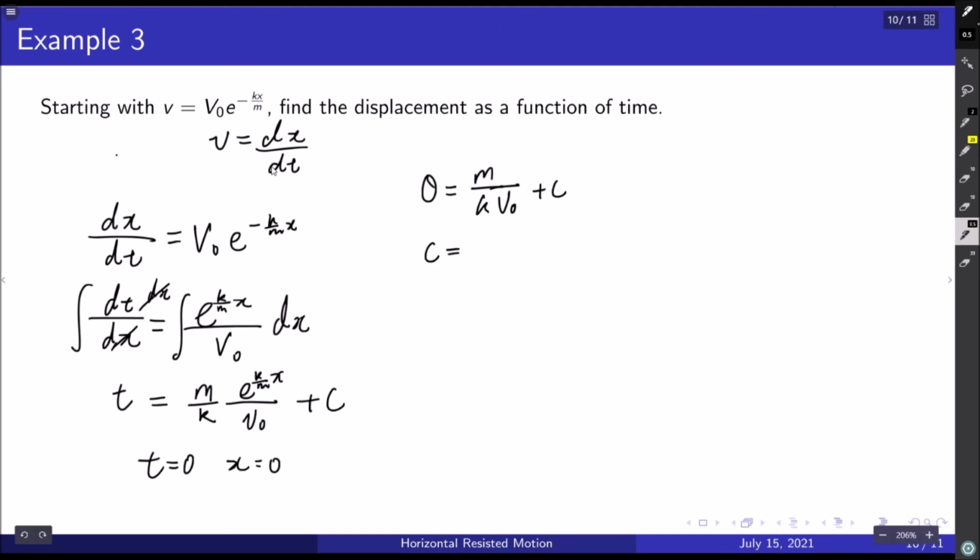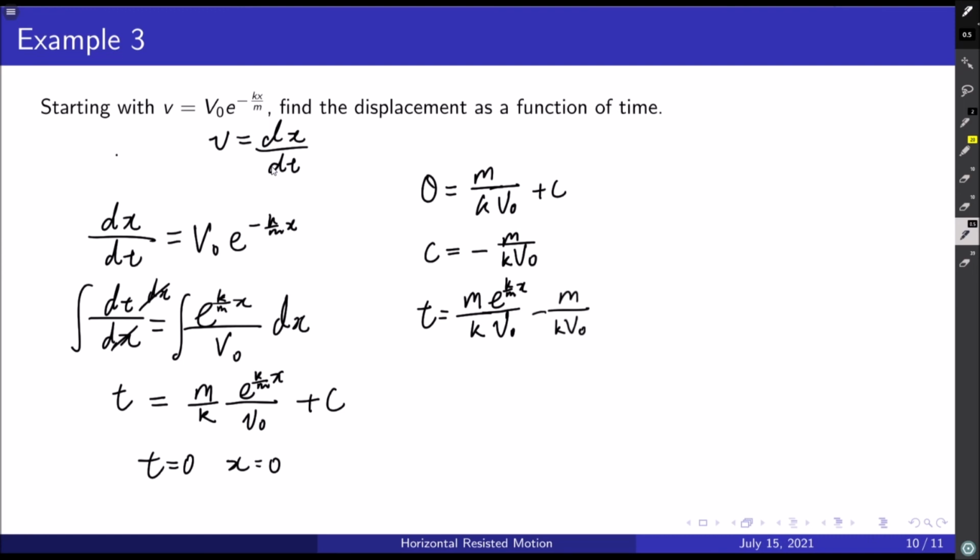So c just equals negative m over k v0, and then plug it back in. t equals m over k e to the k over m x over v0, minus m over k v0. I just combine everything together really.